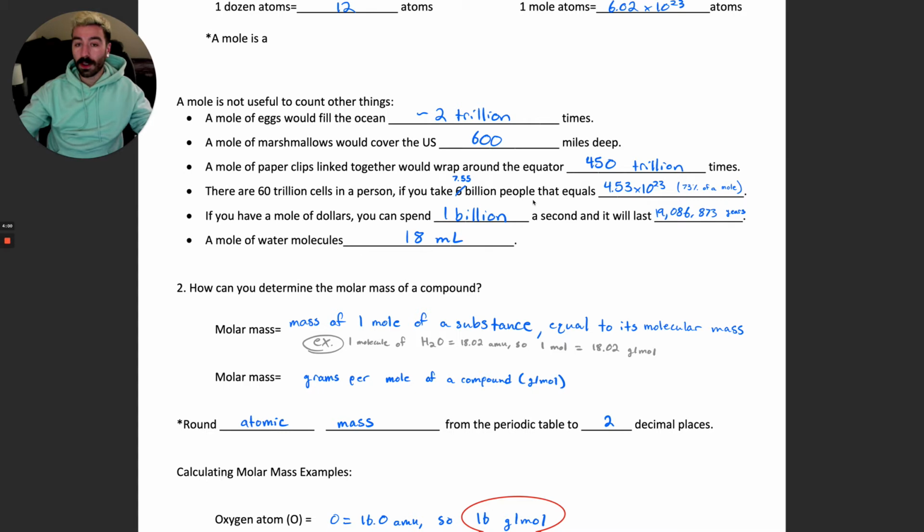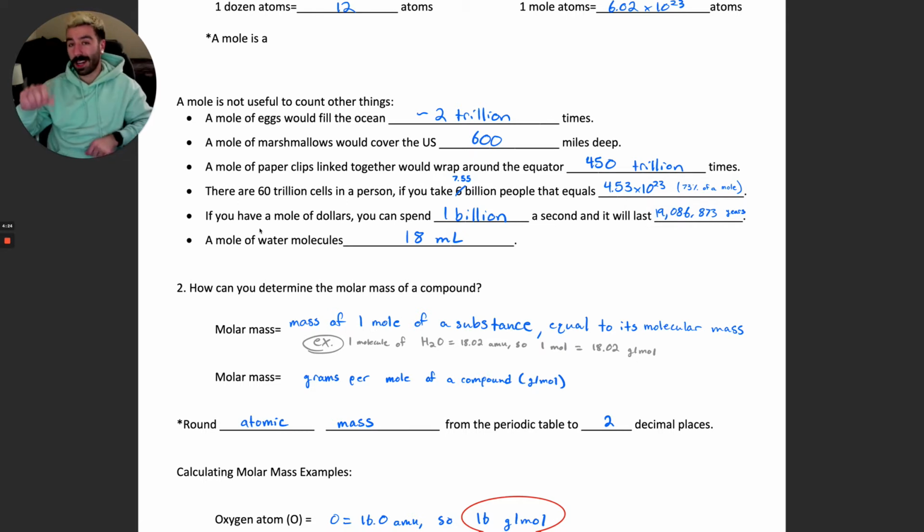If you took all 7.5 billion people on Earth and added up all 60 trillion cells per person, that would be in the ballpark of 4.53 times 10 to the 23rd cells, which is only about 73% of a mole, not even 3/4.